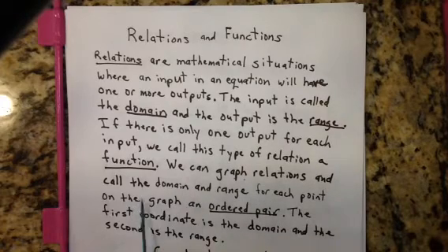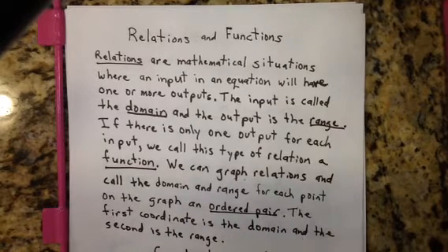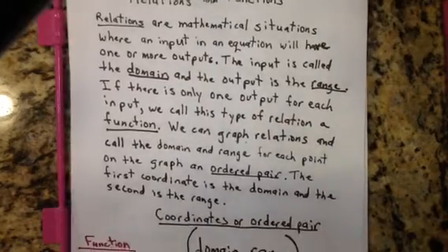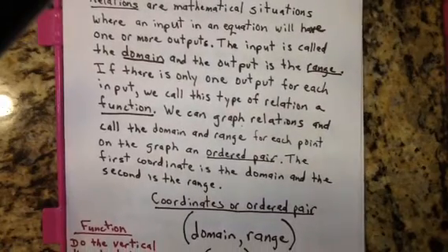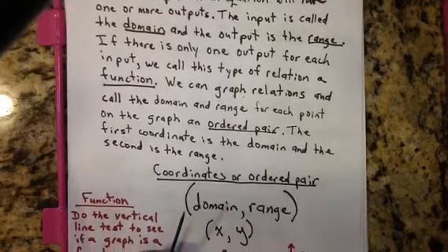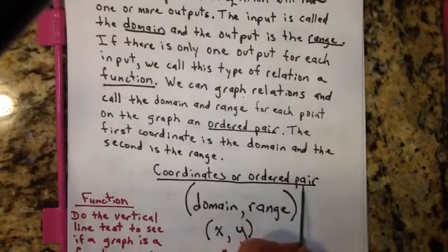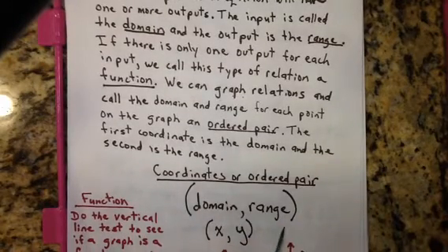We can graph relations and call the domain and range for each point on the graph an ordered pair. The first coordinate is the domain and the second is the range. So I am showing that here. Coordinates or ordered pairs, we put them in parentheses.